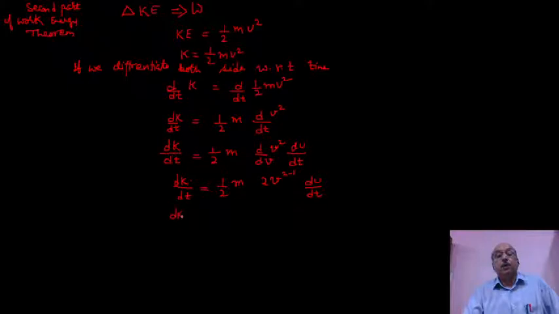So dK by dt is equal to, the 2 cancels, m v to the power 1 dv by dt.